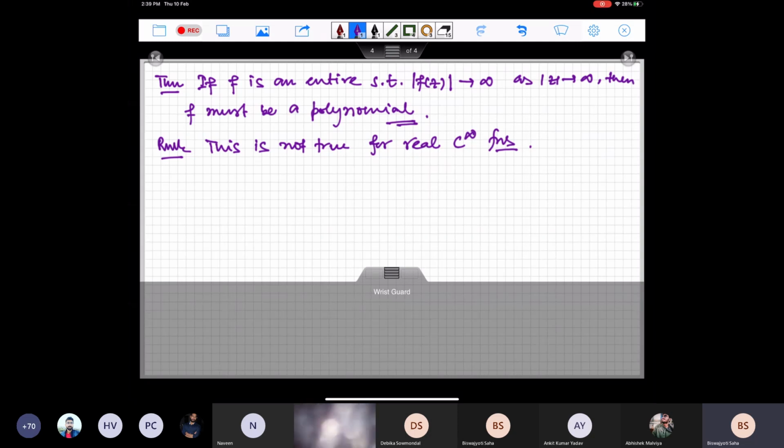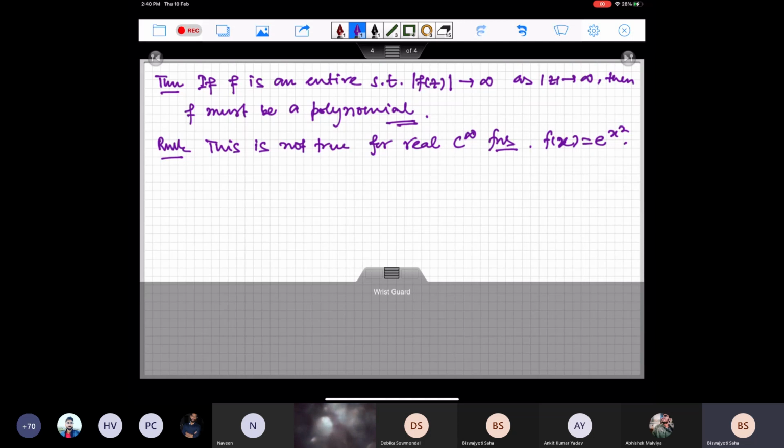Okay, so if I just have a function which is, let's say, C infinity on the set of real numbers, this will not be true. Okay, so for example, you can take f of x equal to e power x square. Then clearly this is not only a C infinity function, this is a power series. So this is actually an analytic function.